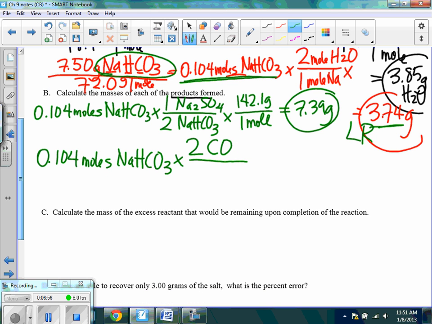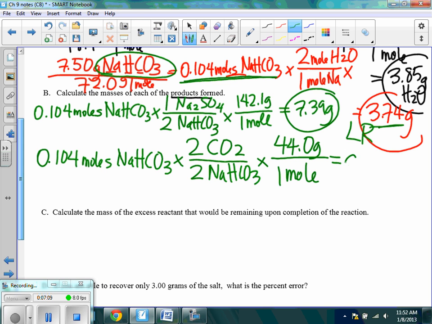And this is CO2 to 2 of my sodium hydrogen carbonate times the molar mass of CO2, which is 44, in 1 mole. And that's 9.15 grams of CO2. So now I have them out for all 3 products.